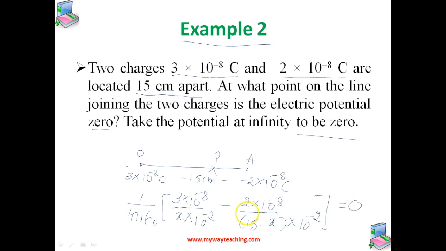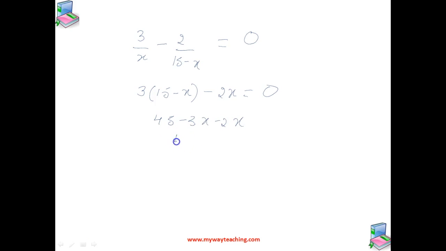And if you simplify this, we get 3 by x minus 2 by 15 minus x is equal to 0, which gives x is equal to 9.